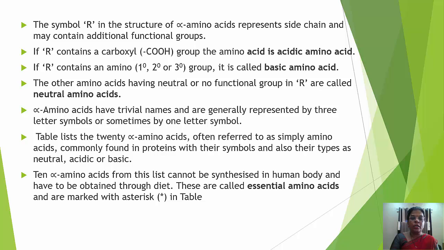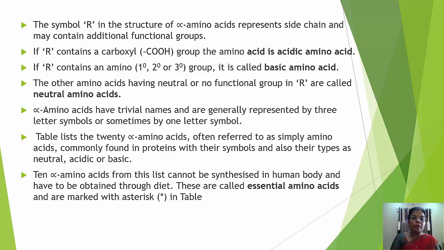Now we are going to study this in the next table. This table lists the 20 alpha amino acids, often referred to as simply amino acids, commonly found in proteins, with their symbols and also their types as neutral, acidic or basic.